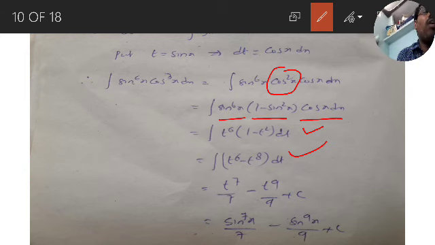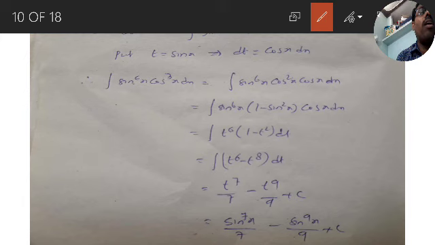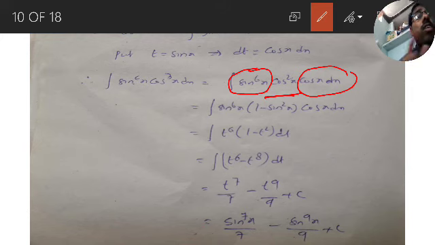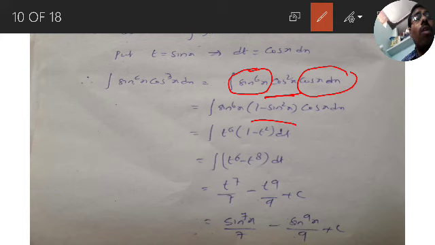Are you getting? The only thing you have to really observe here is that cos x dx you can write as dt, and sin means t. So what is remaining? The remaining is cos square. So write cos square in terms of sin, because t is equal to sin x. So I am writing cos square is equal to 1 minus sin square.